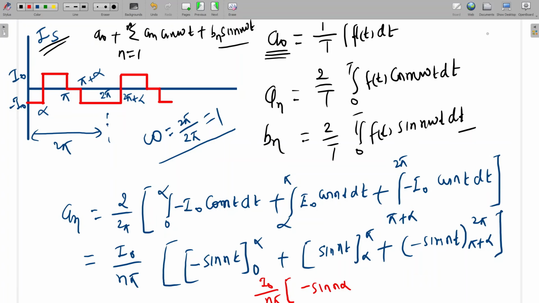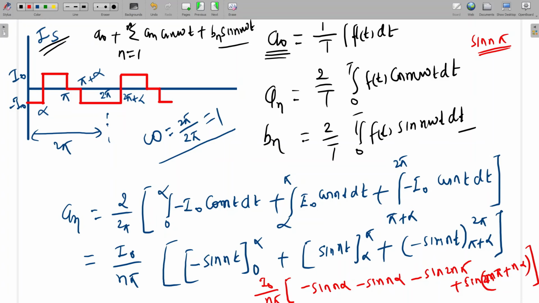So what will be the value of sine n pi for all values of n? It will always be 0, whether n is 1 or 2. So this we can write as 0. Further it will be minus sine n alpha. What will be this value? Minus sine 2n pi, plus sine n pi plus n alpha.